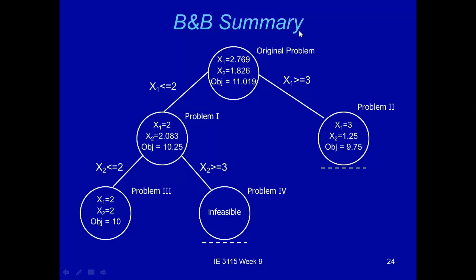So in this class example, I solve the original problem, 2 subproblems here, another 2. So I have 5. The infeasible one you solve too, and the solver will say it's infeasible. So I solve 5 subproblems.